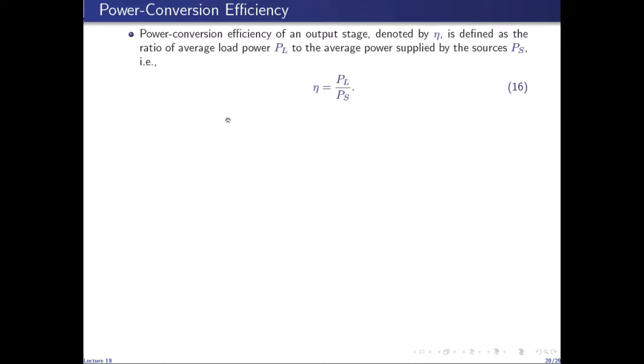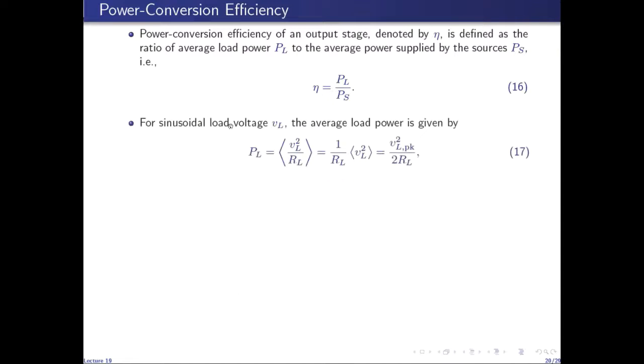So the efficiency of an output stage can be gauged by defining power conversion efficiency as the ratio of the average power delivered to the load to the average power supplied to the circuit by the source. So PL is the average power delivered by the circuit to the load, and PS is the average power extracted by the circuit from the DC voltage sources.